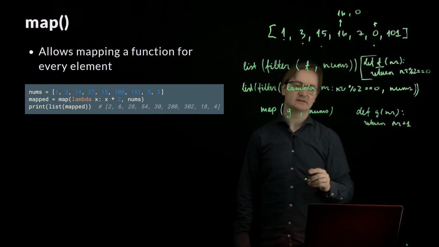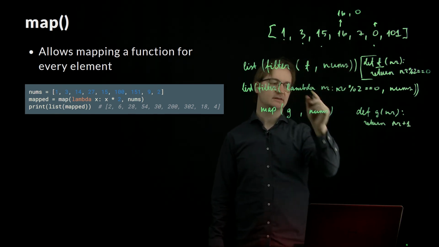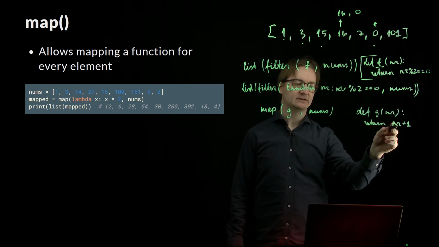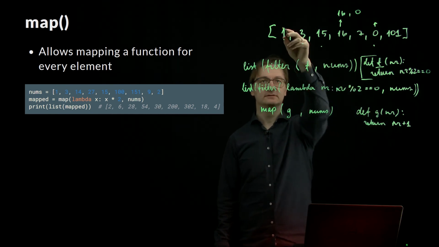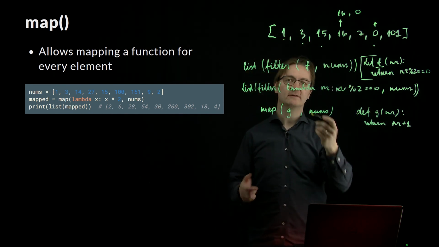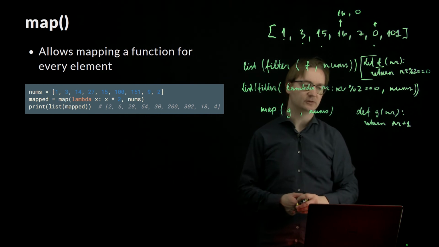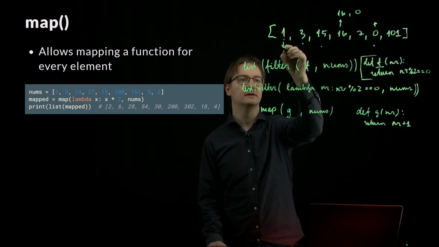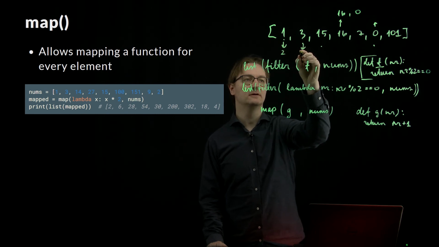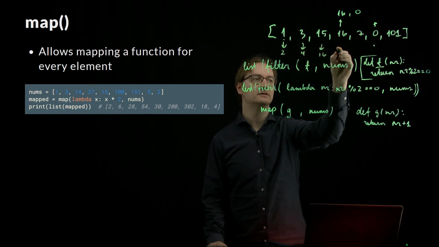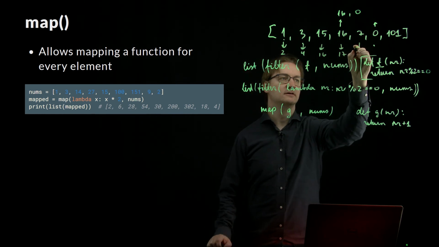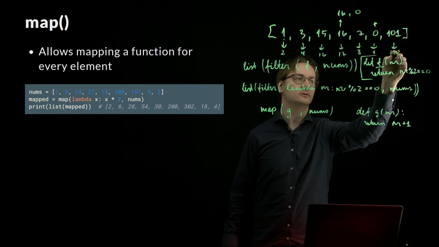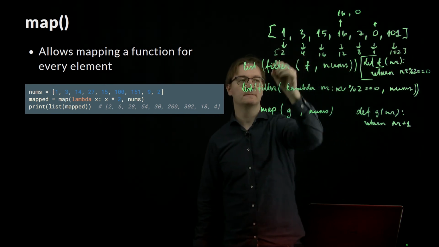For every element, it executes this function, and the value gets into the output list. So for example, if I add 1, I get a list 2, 4, 16, 17, 8, 1, and 102.